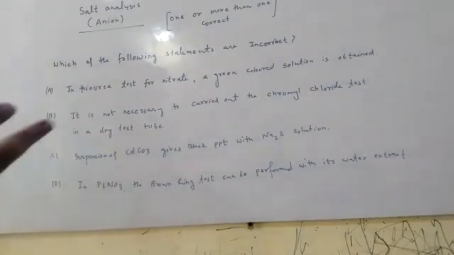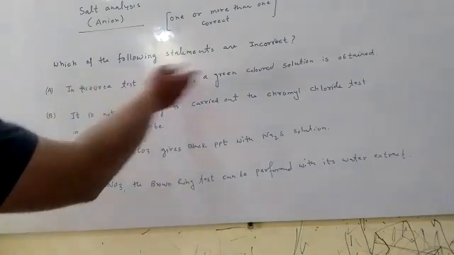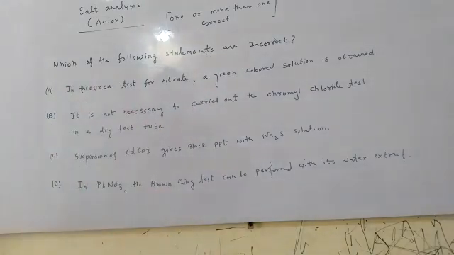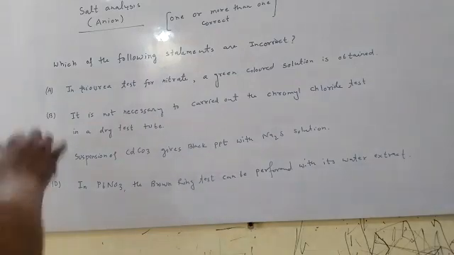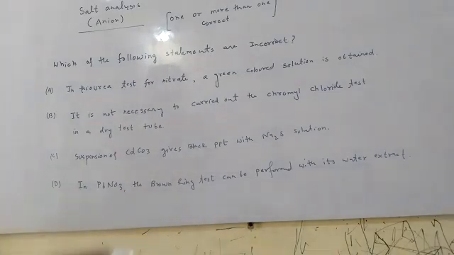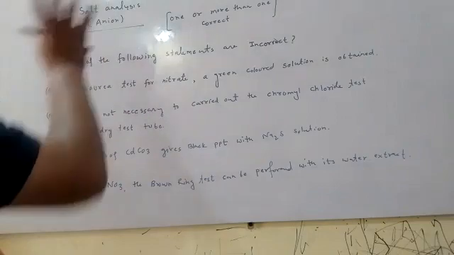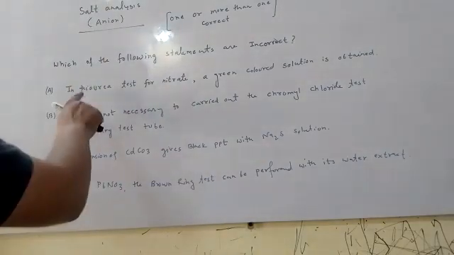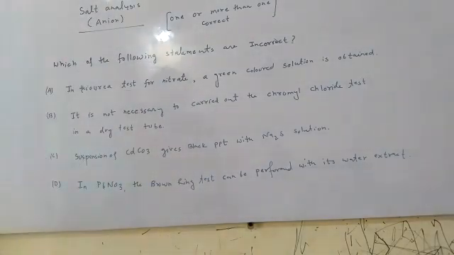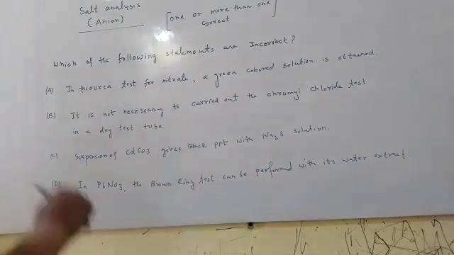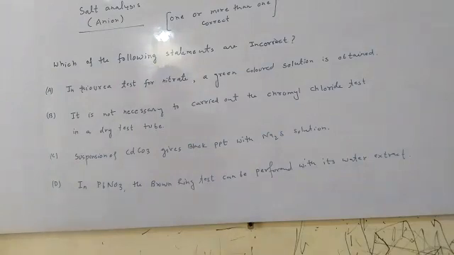Now there are only two possibilities: either you know about this option or you don't. If you don't know, go to salt analysis anion and check the thiourea test, then you will definitely get an idea about this statement. So through questions we will learn theory. Got my point?